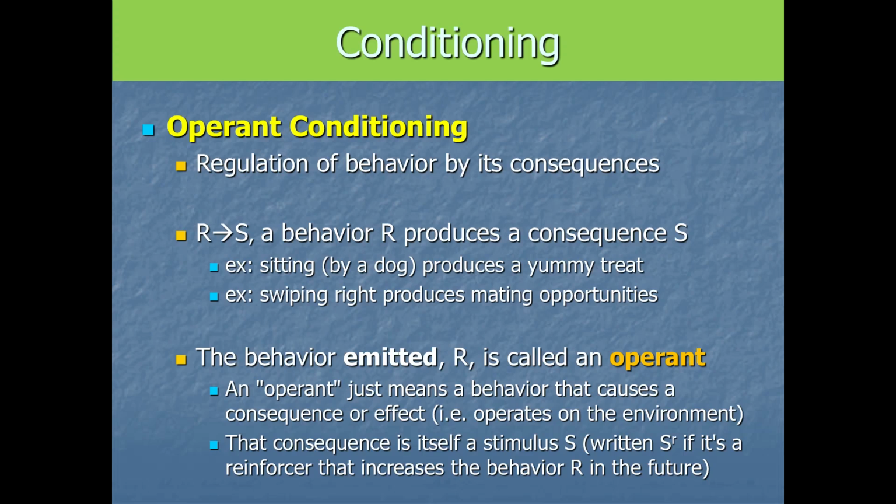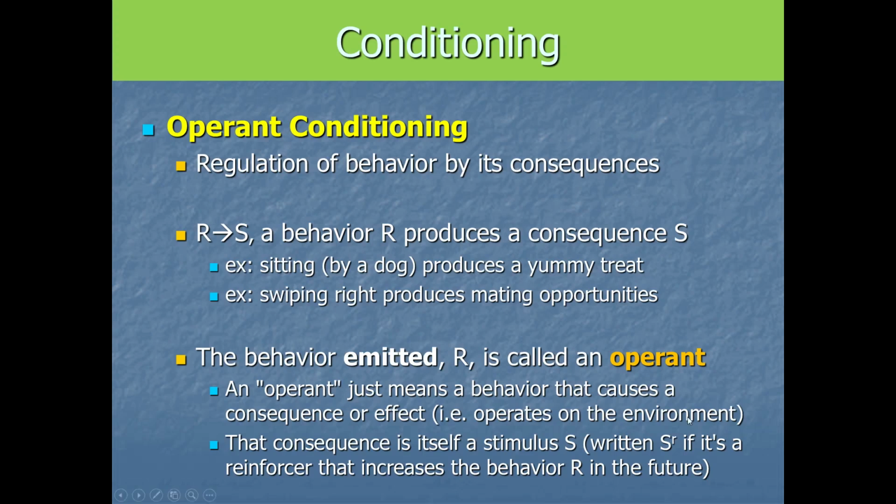Sometimes we'll add a little superscript, a small r there to make it an S^R if it's, for example, a reinforcing stimulus, a stimulus that reinforces or increases the behavior in the future. But we could also put something up there like a little superscript P after the stimulus if it happens to be that the behavior leads to some stimulus that we don't like that might act as a punisher.